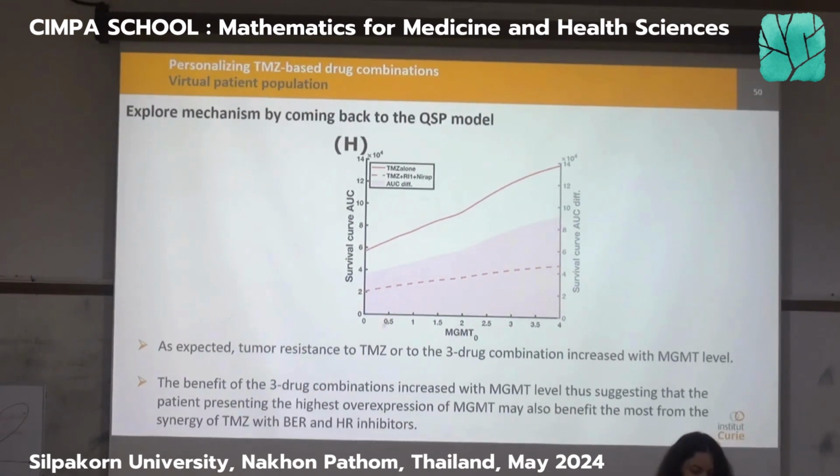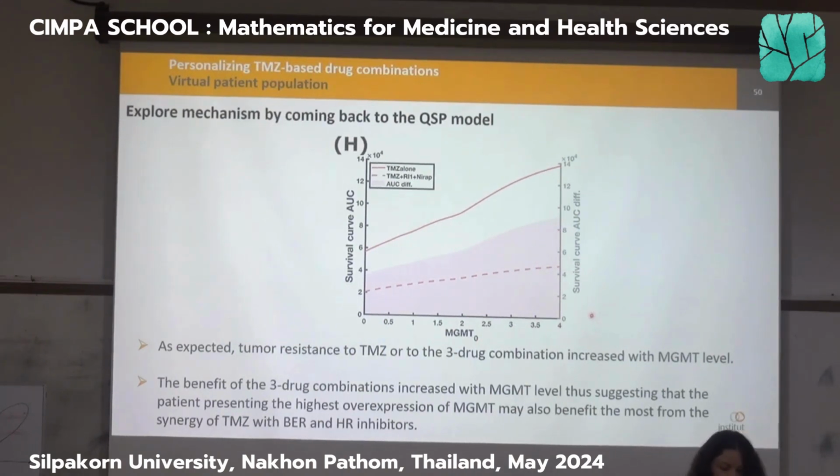This is on the x-axis. The y-axis on the left refers to the two lines here, which are the AUCs of temozolomide alone and temozolomide with the two drugs. And the right y-axis refers to this area here, which is the difference.